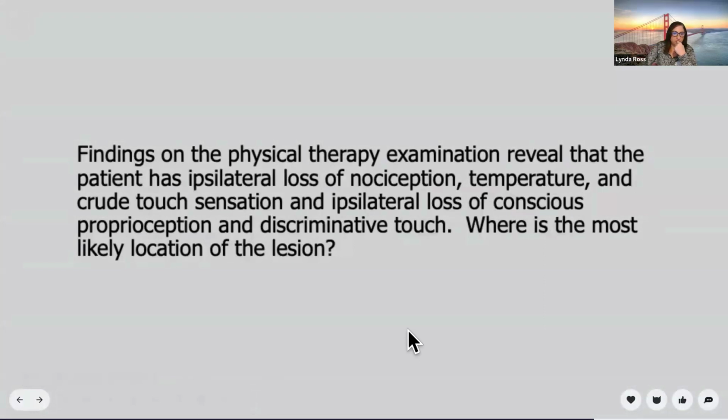All right, I believe this is the last one. Go ahead and take 30 seconds to read through that and get your brain thinking. What could this be? What is this question asking?